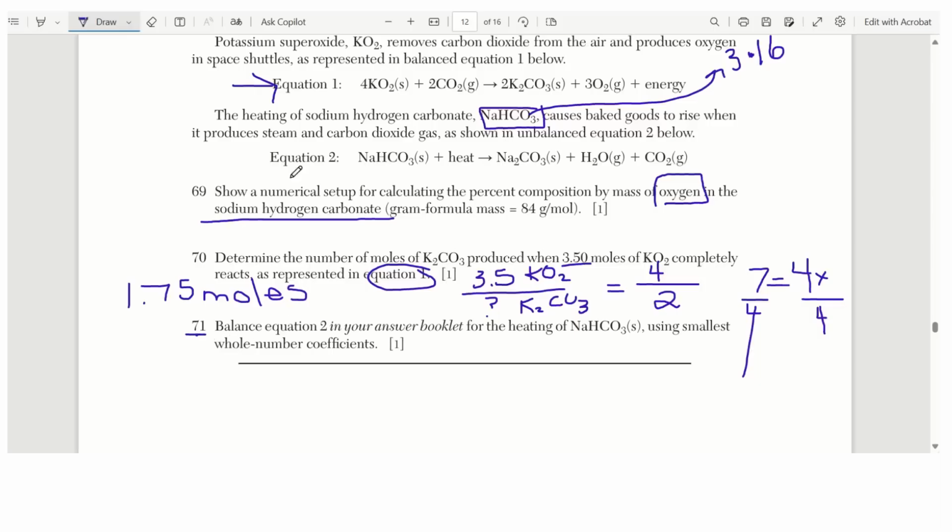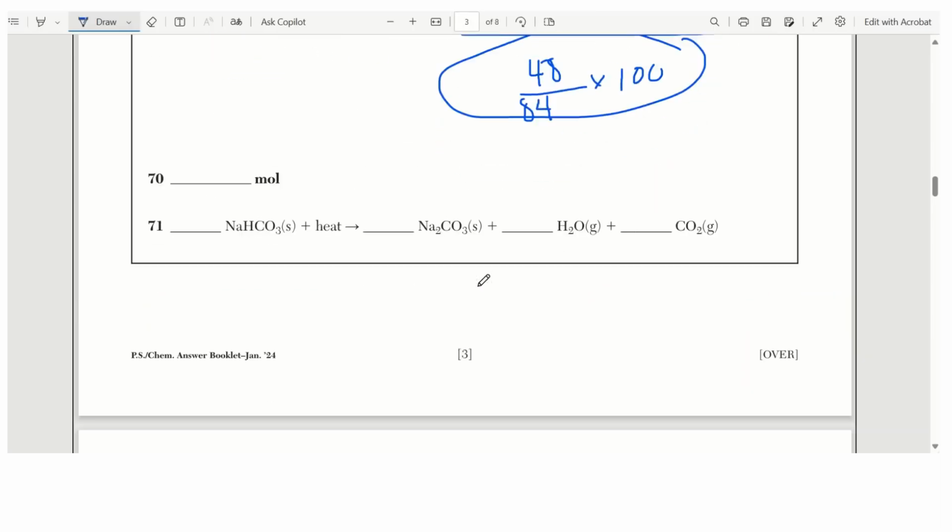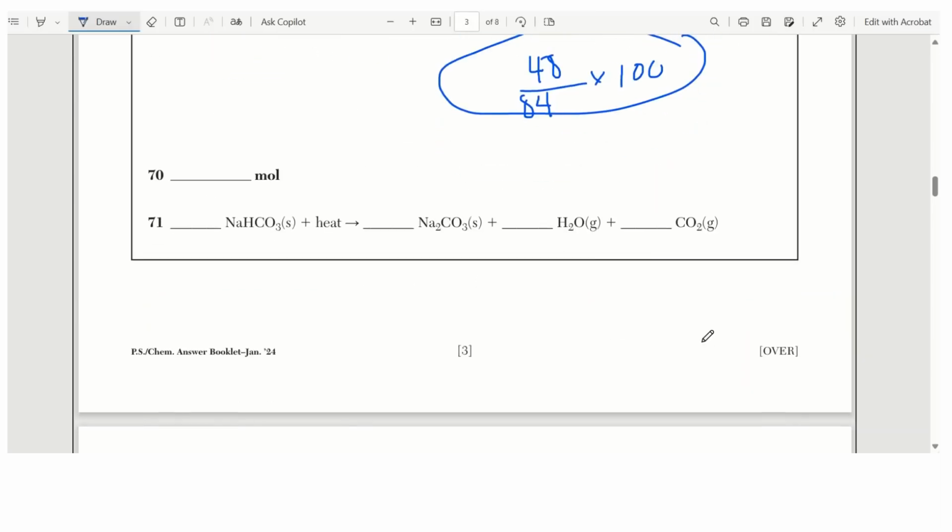Okay, now 71 is balance the equation. So here's my equation, which looks complicated, right? So let's just make a list of elements. We have Na, H, C, and O. There's my divider. Over here I have 1, 1, 1, 3.